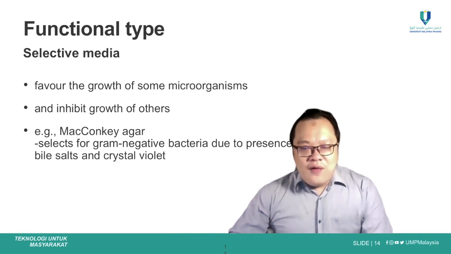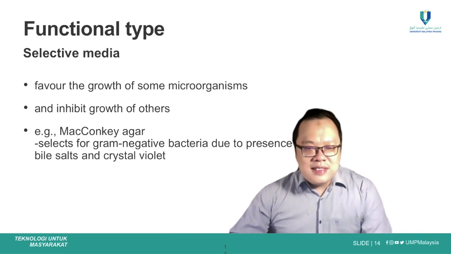It selects for gram-negative bacteria due to the presence of bile salts and crystal violet. Therefore, this type of selective media is used if we want to isolate certain or specific bacteria in the lab.